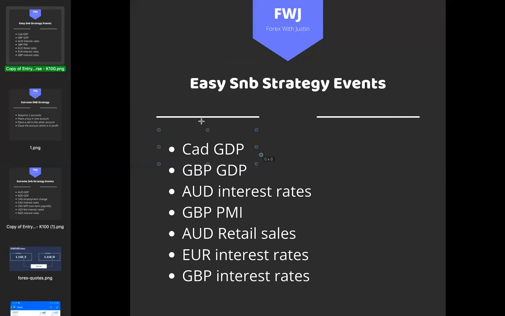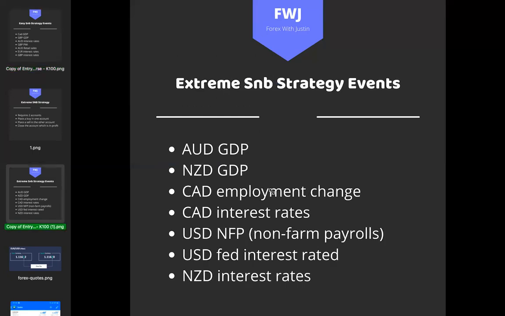Okay. Yeah. Then for the easiest SMB, why you shouldn't use it for this list here, for the extreme SMB, is because this list of news events, they are known to move almost all the time. Now, if they move, you'll be giving away 10 pips. That means you'd pretty much be losing 10 pips.